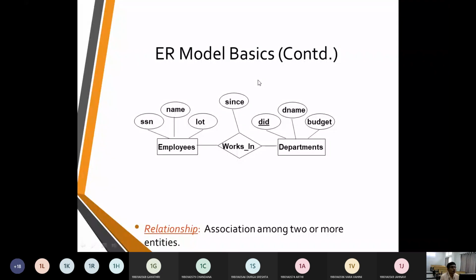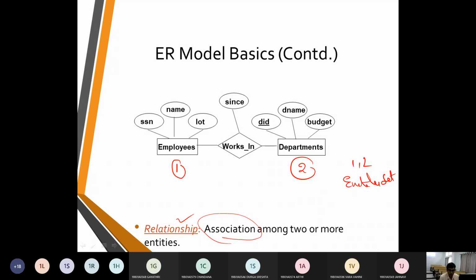Now, when we are going to mug up these items, there is a word called a relationship. So, a relationship is established which makes an association between one item, that is an entity set, and another item, called an entity set.